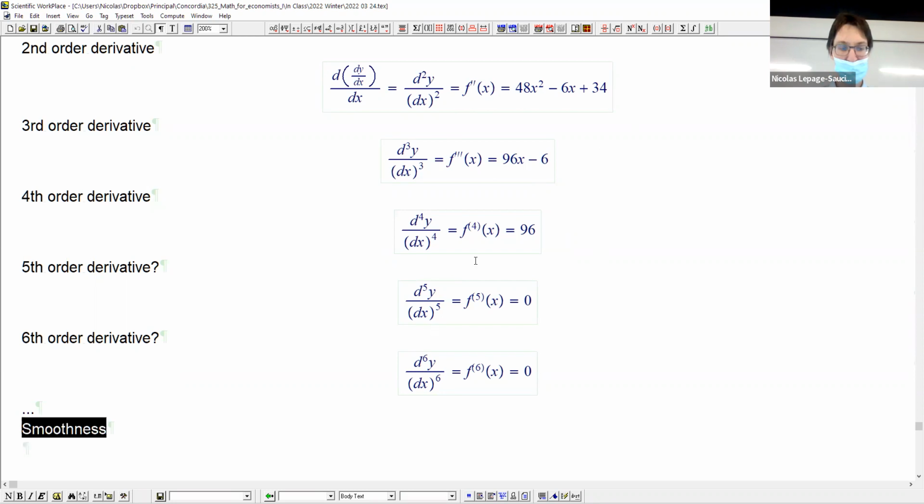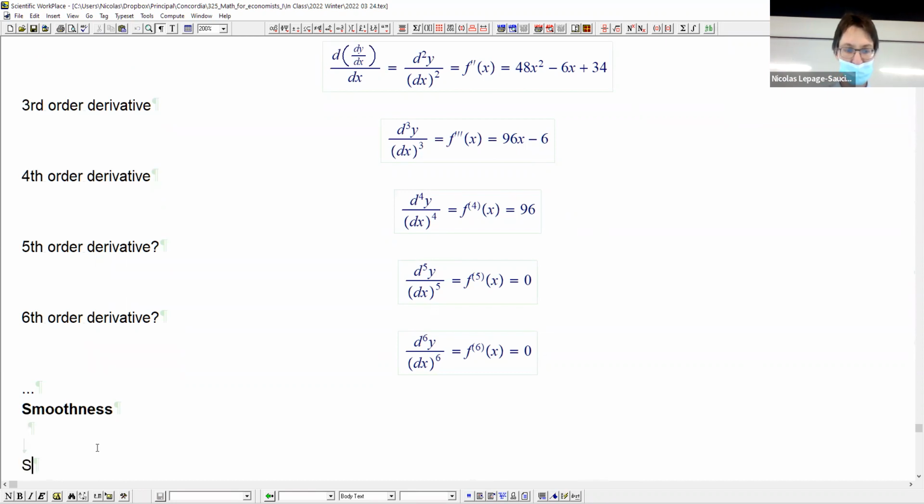First thing to say: a smooth function is a continuous one. If it's discontinuous, then no hope, it's not smooth at all.